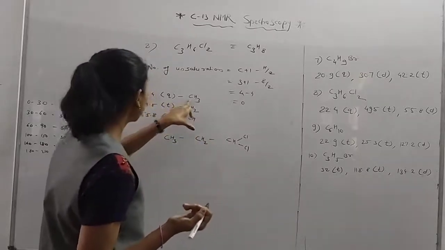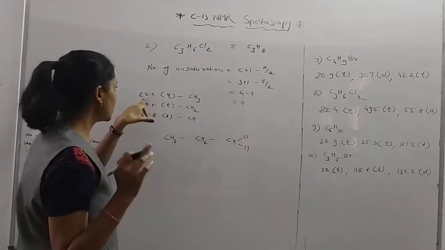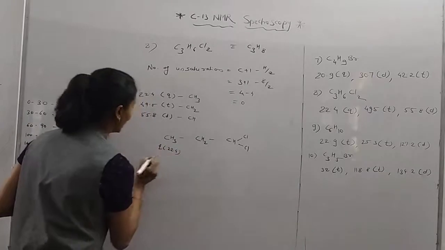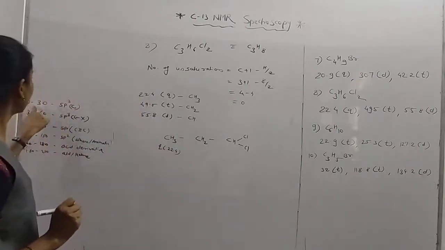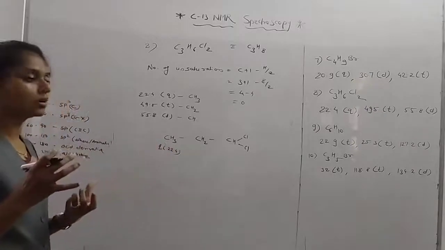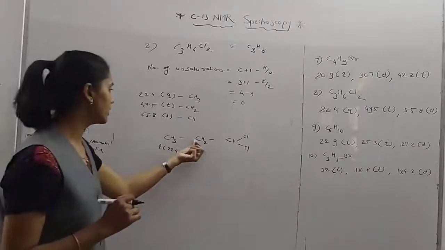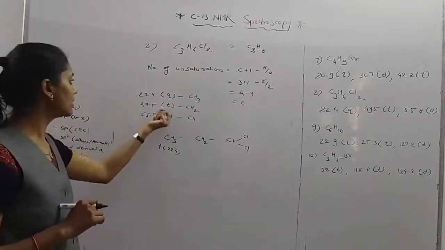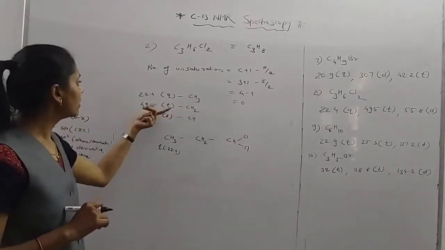Okay, CH3 is the quartet at 22.4. It's a correct one, as it is an sp3 hybridized carbon atom attached to carbon, so it is not deshielded, it is shielded, so it gives this signal upfield. Next one is CH2.